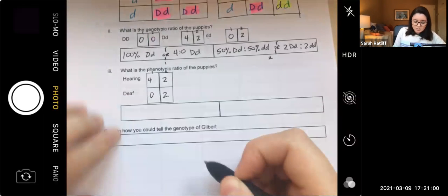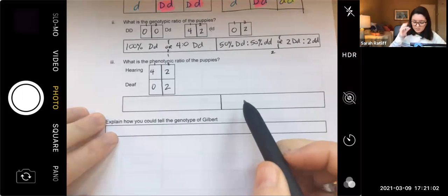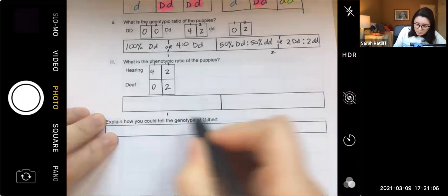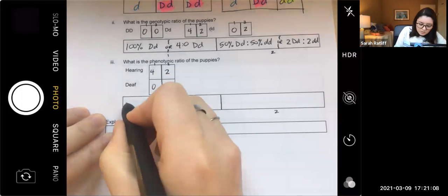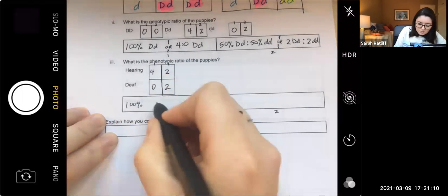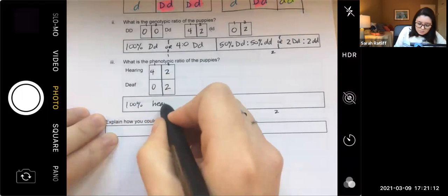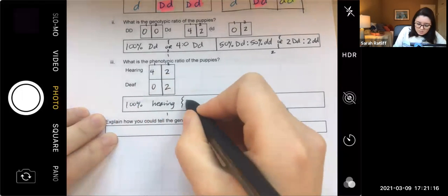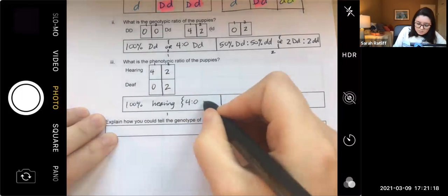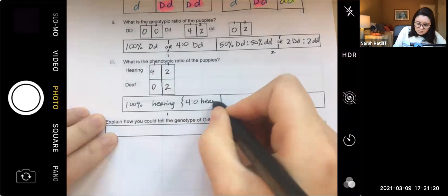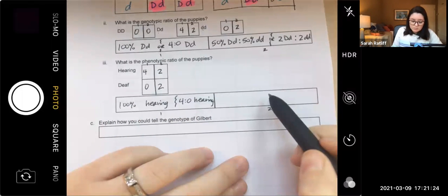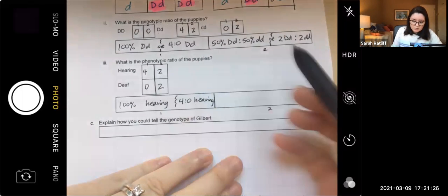All right, we got our long box here to sort of write out our ratios. For Punnett Square 1 versus Punnett Square 2, 100% will be hearing, or 4 to 0 hearing. For Punnett Square 2, we got a 2 and 2 here.